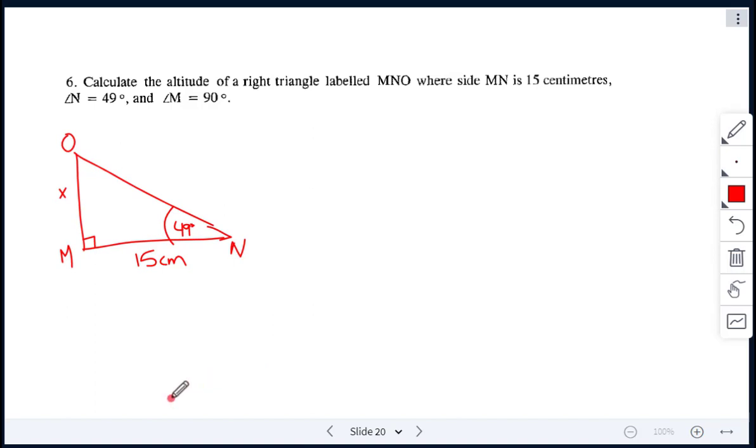And this is what we're trying to find, side OM, or we'll just call it X. So we're looking for the altitude here, OM or MO, but I just called it X to make it simpler.